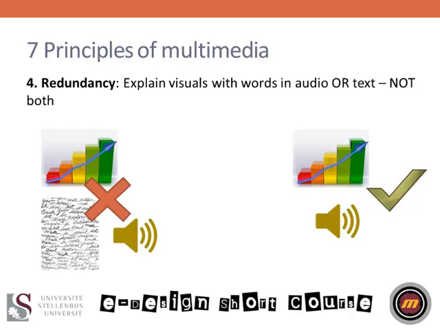Fourth principle, redundancy. It says explain visuals with words in audio or text, not in both. So in the left-hand example, you can see there's the image, there's the text, and there would be narration. So we have the audio and the words describing the picture. On the right-hand side, we have only the audio describing the picture.